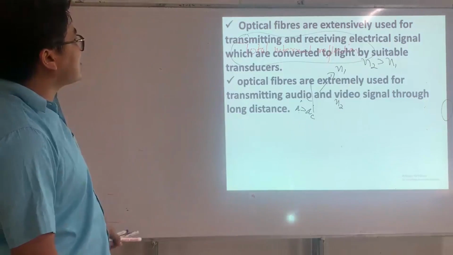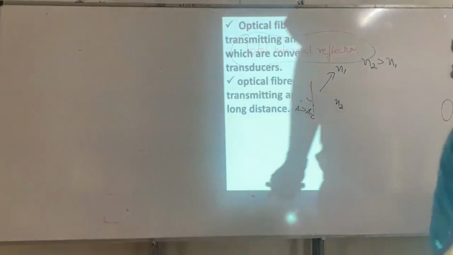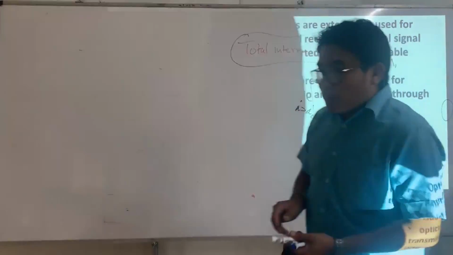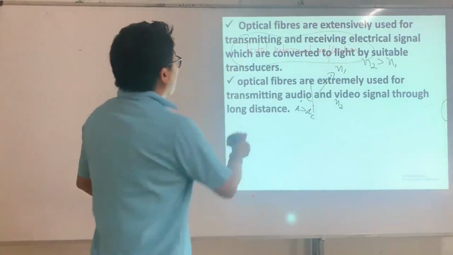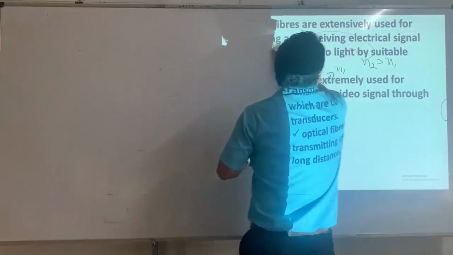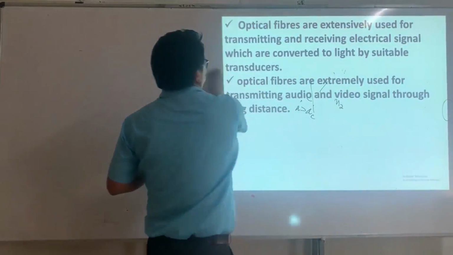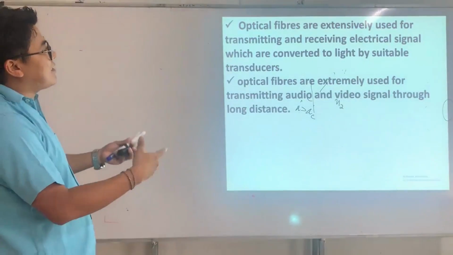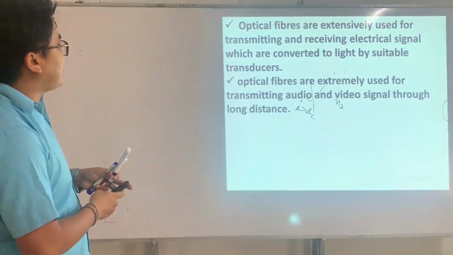So therefore transmitting and receiving electrical signals which are converted to light. Why? Because light has to pass, right? Light means electromagnetic wave. Light doesn't mean that it is in the form of visible light. It could be of any wavelength, right?